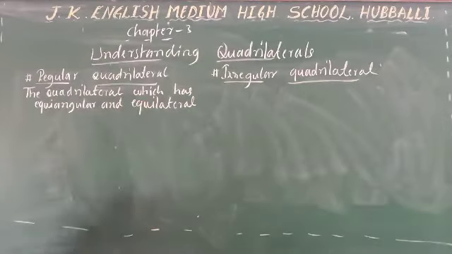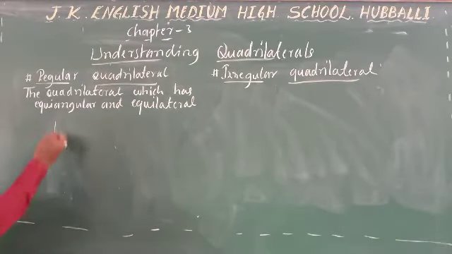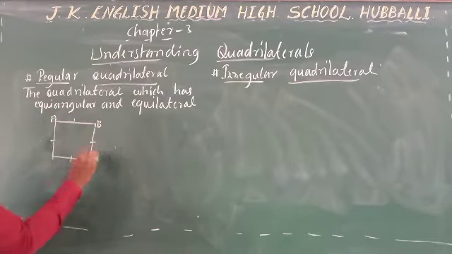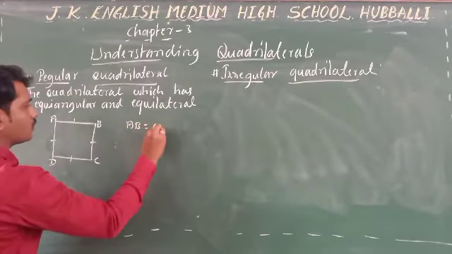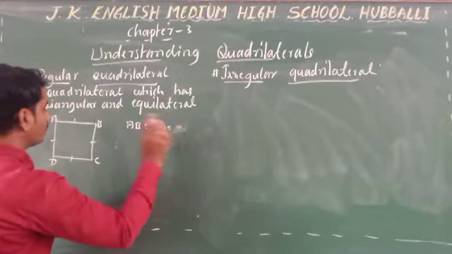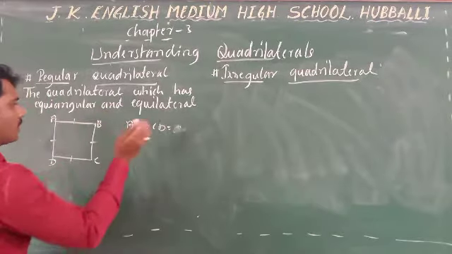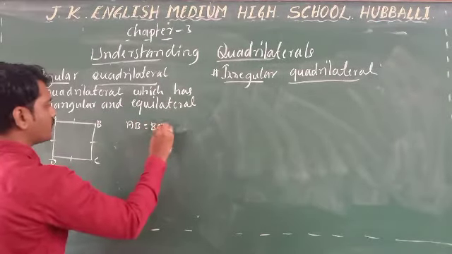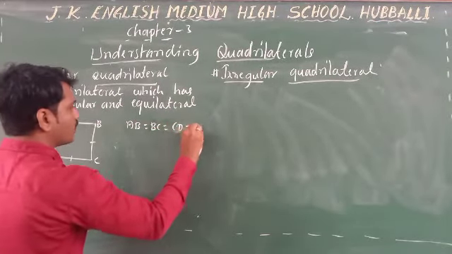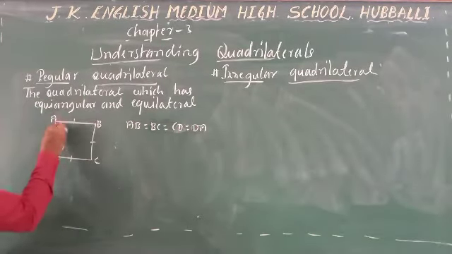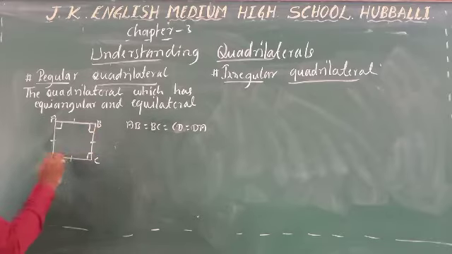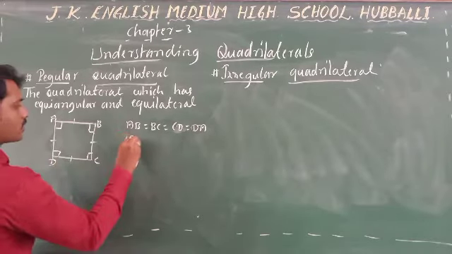same sides. For example, square will come. In the square, how many sides are there? All four sides: AB equal to BC equal to CD equal to DA. Correct? Later on, angle A, angle B, angle C and angle D. All the angles are equal.